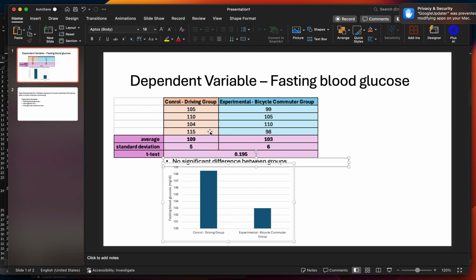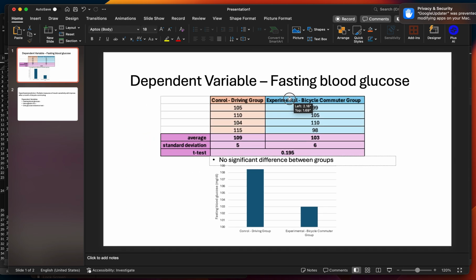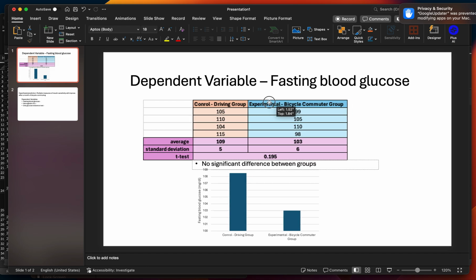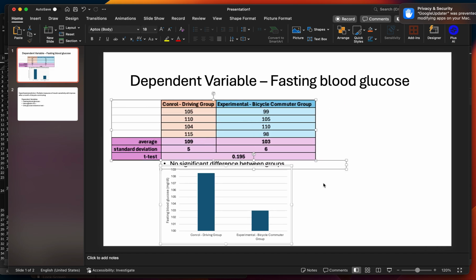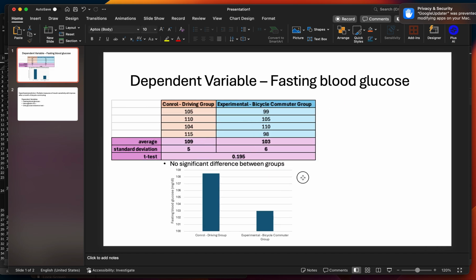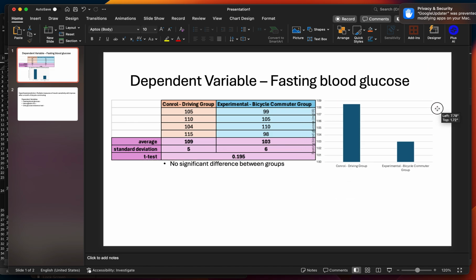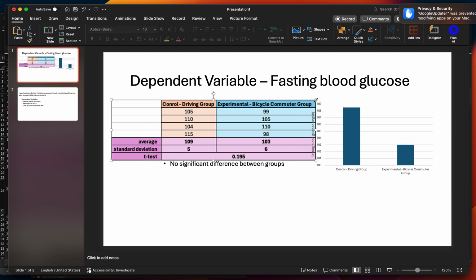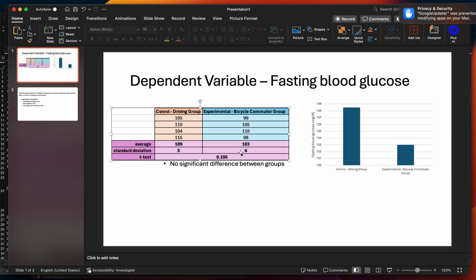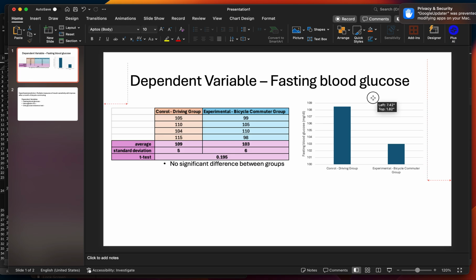But it's pretty solid. I've got a data table showing my results. I have a graph that also shows my results. And during a presentation, I can talk more about both of these.